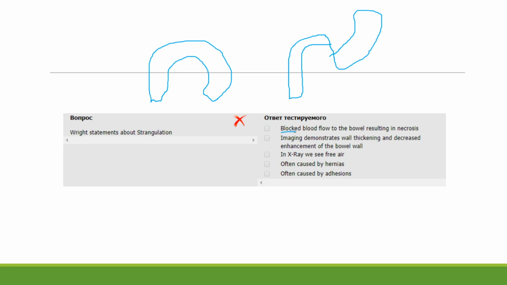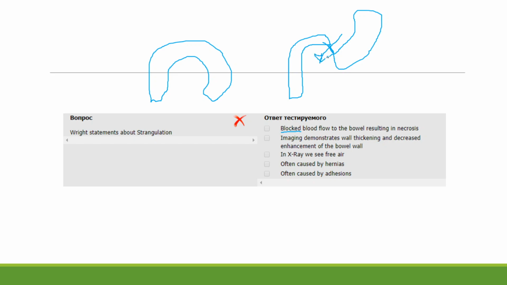It will be blocked, maybe by itself, or maybe something else will help it, like adhesion.